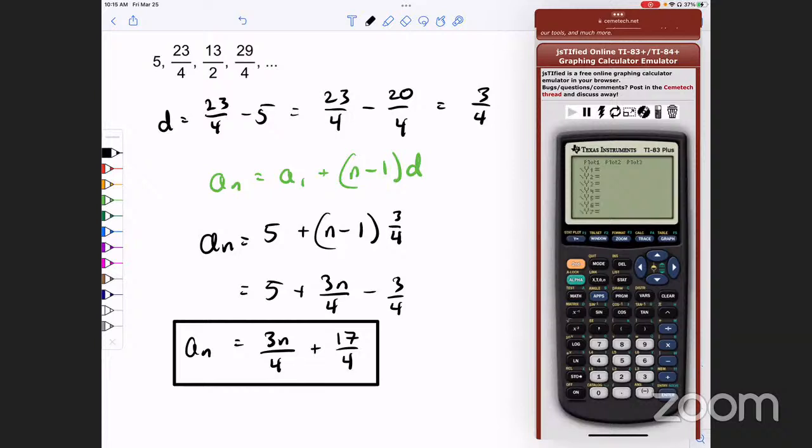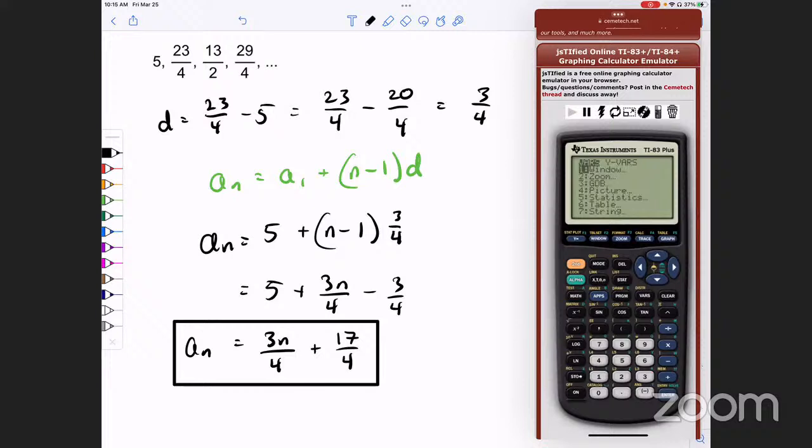There are several correct ways to put this in. I'm going to do parentheses 3 over 4 x, where I'm letting x be n, plus 17 over 4. I'm just choosing one. Then I want to call that function I just typed in.